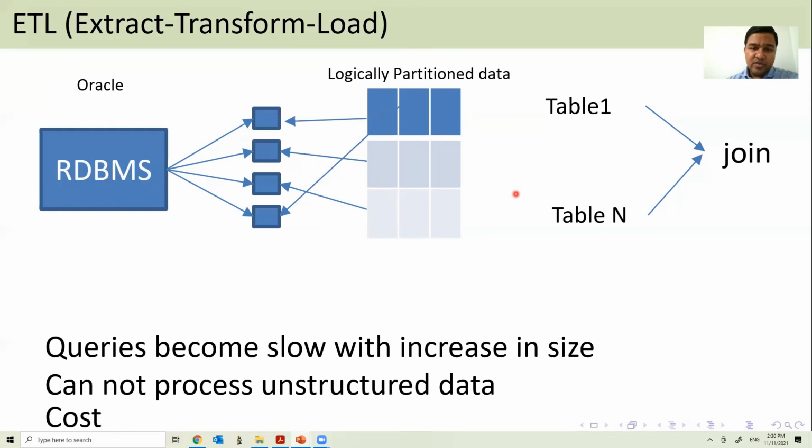So with the existing solution, as the size of the data increased, the queries became slow, and it also cannot process unstructured data, which was becoming a requirement of the modern business industry.